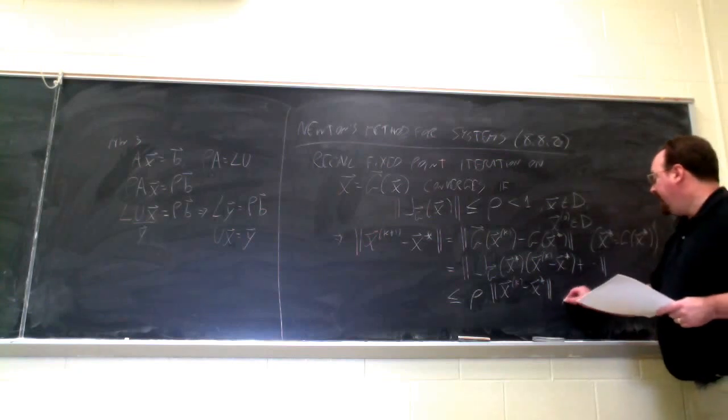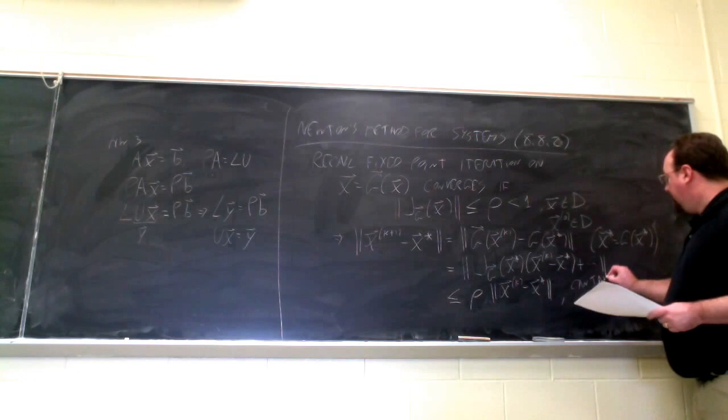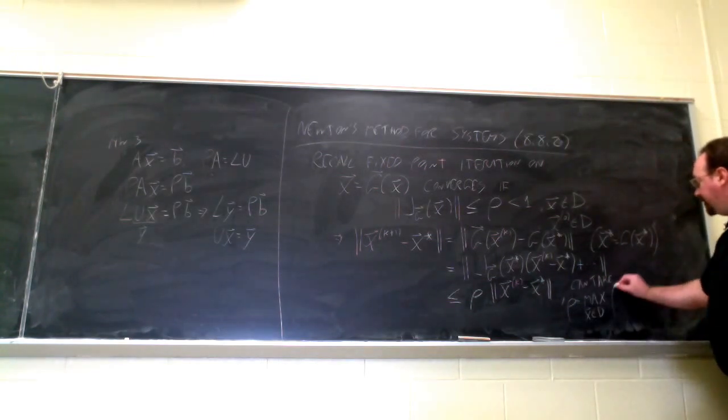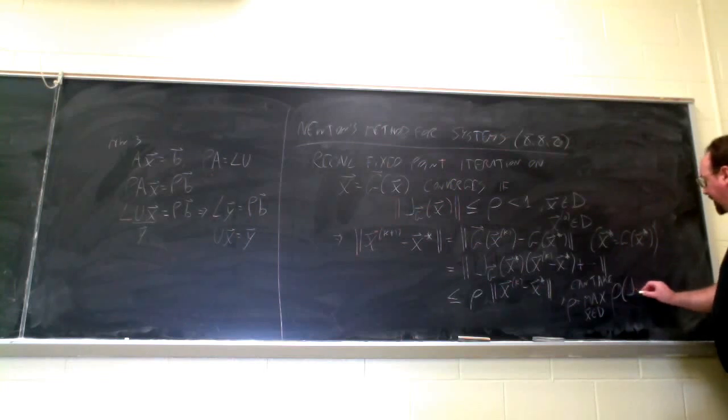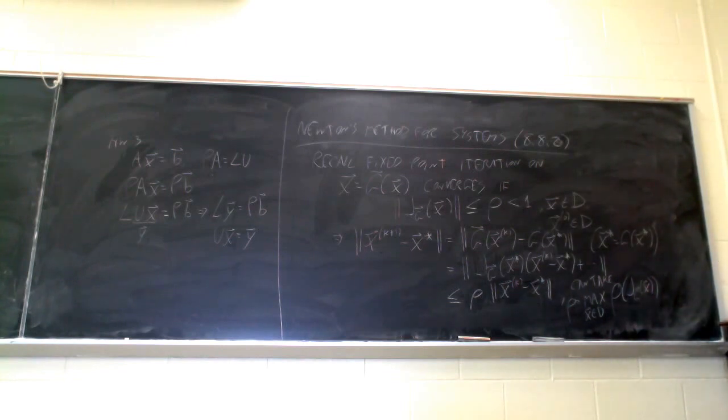We can take rho equal to the maximum over all x in our domain of the spectral radius of the Jacobian matrix. This would be a suitable value for rho, because the spectral radius gives a necessary and sufficient condition for convergence.